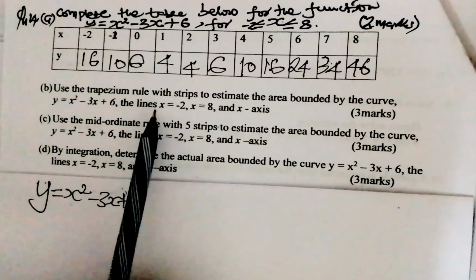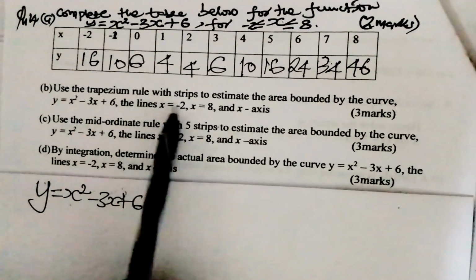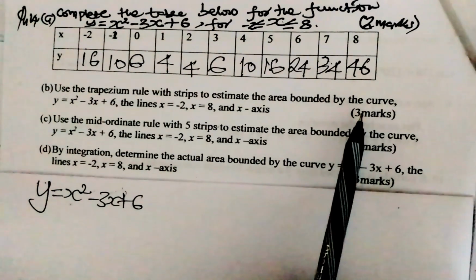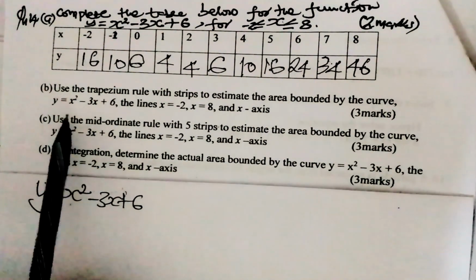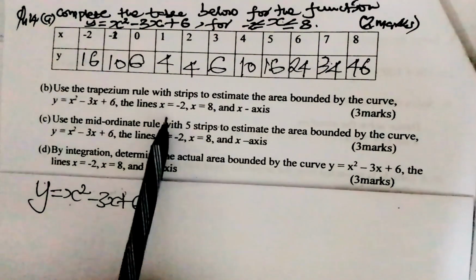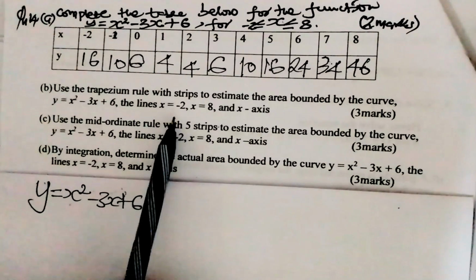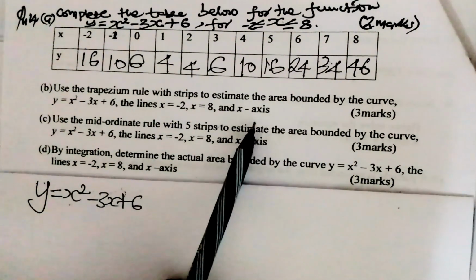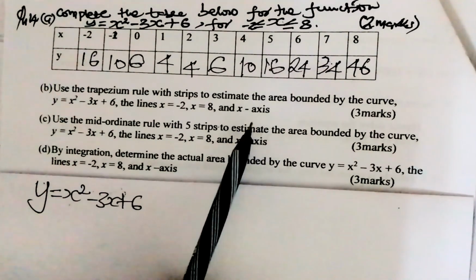use the trapezium rule with strips to estimate the area bounded by the curve y equals x squared minus 3x plus 6, the line x equals -2, x equals 8 and the x-axis.